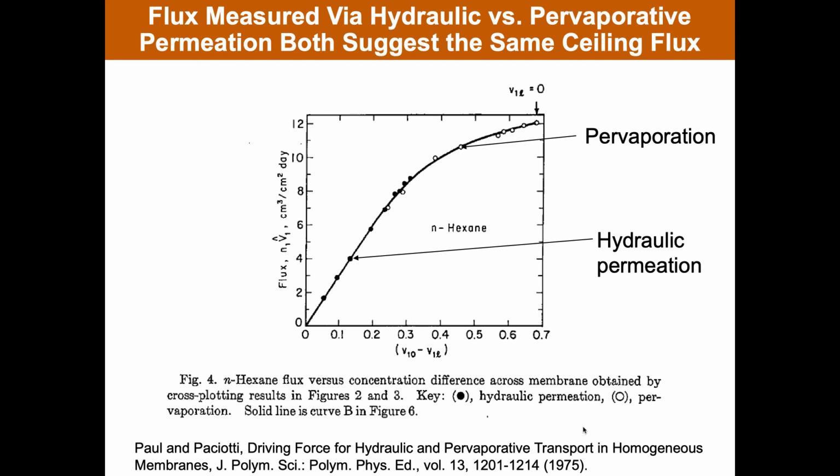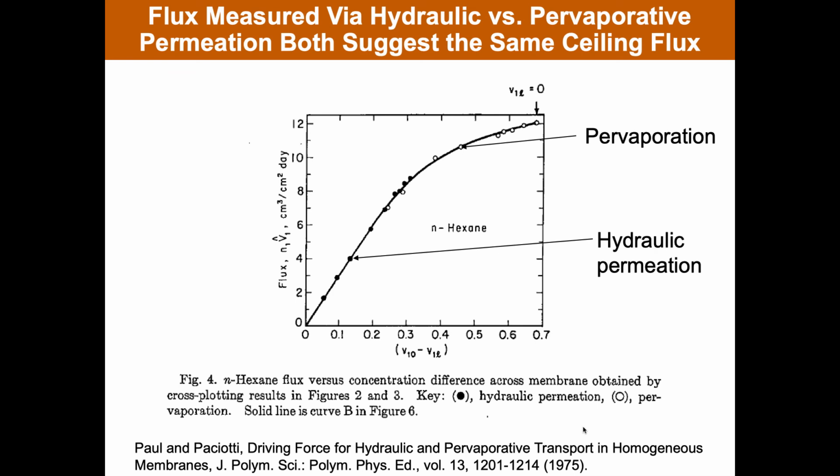In hydraulic permeation, we establish a gradient in concentration across the membrane by increasing the feed pressure. As we increase the feed pressure, it drives the concentration at the downstream side of the membrane down, increases the gradient driving force for permeation, increases the flux.